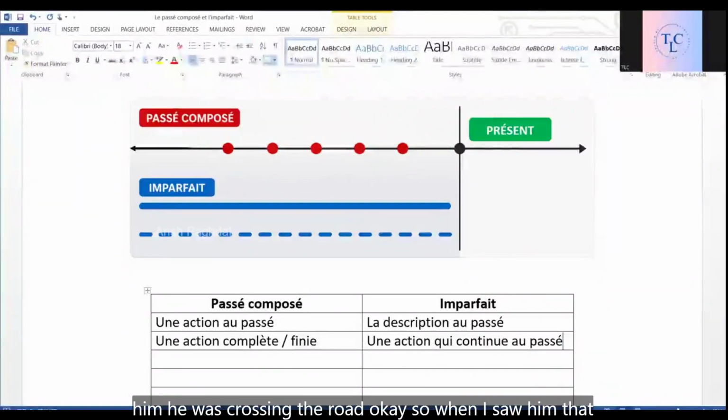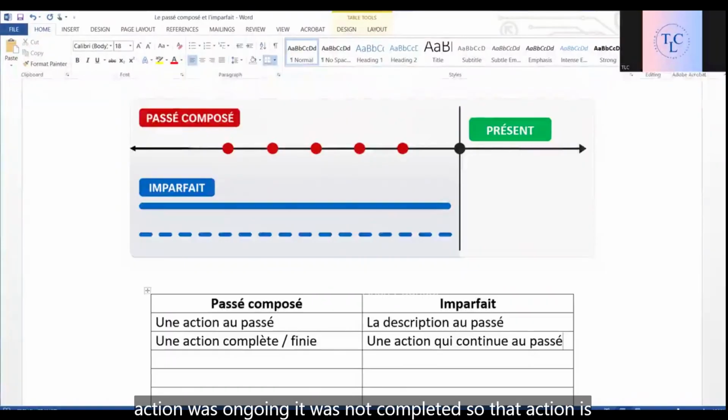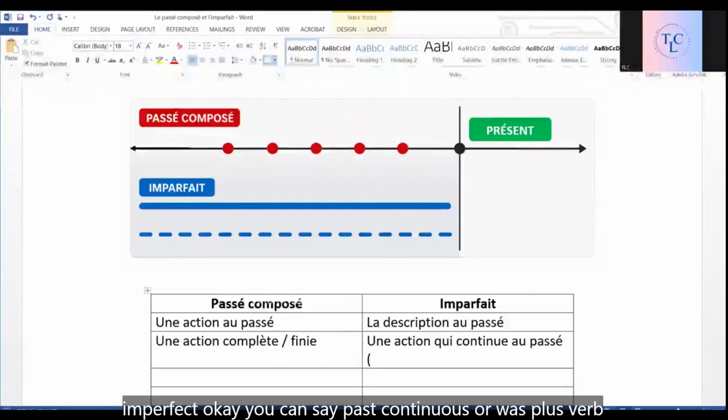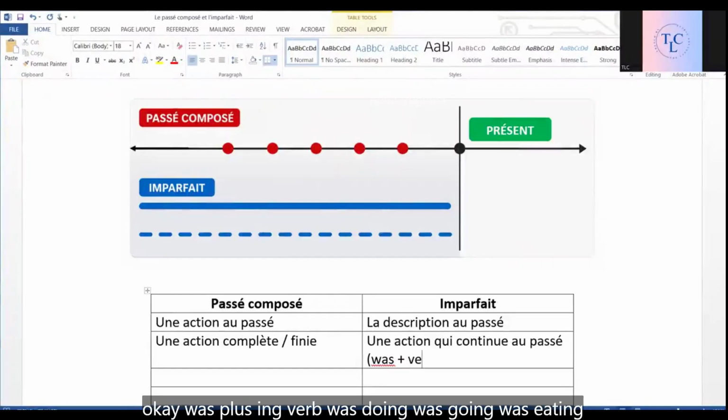So when I saw him, that action was ongoing. It was not completed. So that action is imperfect. You can say past continuous or was plus ing verb: was doing, was going, was eating, anything like that.